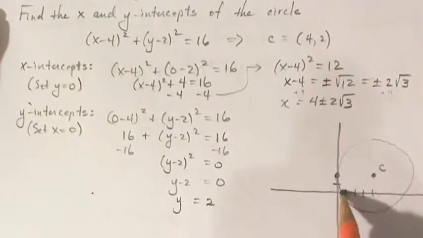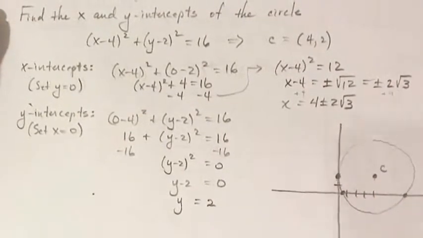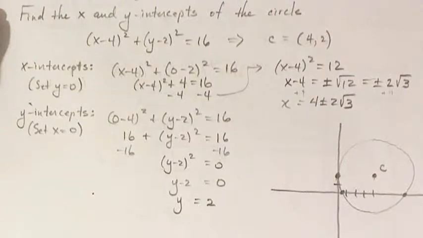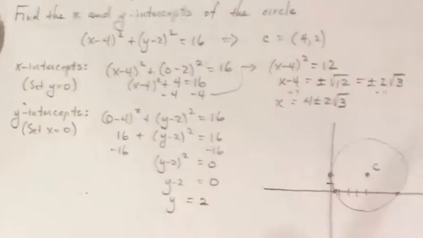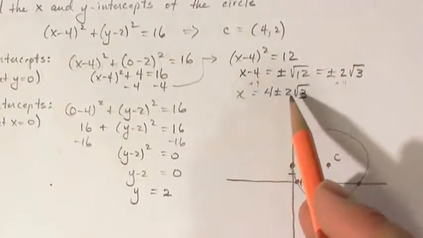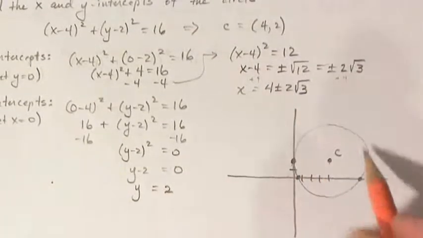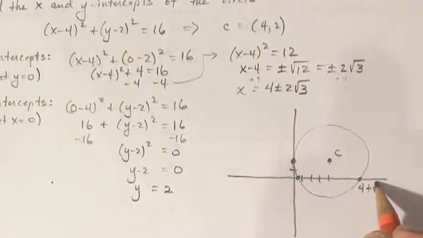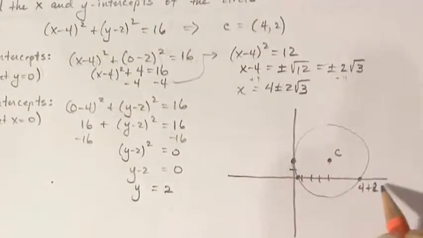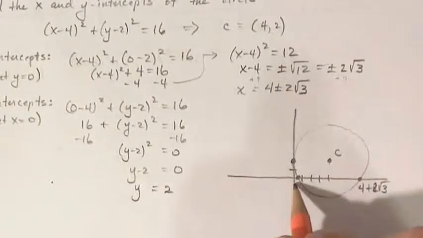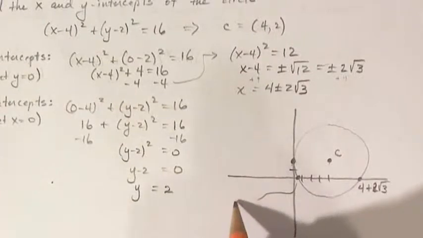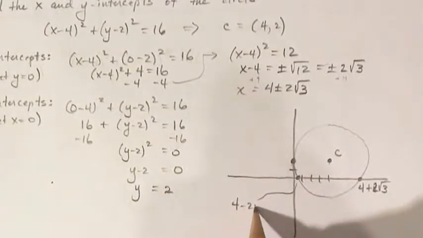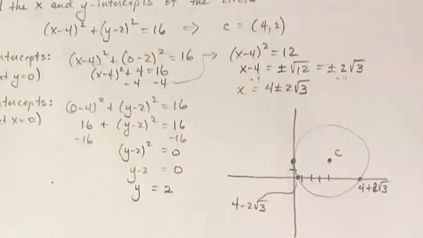And this point right here and this point right here, these must be the x-intercepts. Since 4 plus 2 root 3 is the larger number, this must be 4 plus 2 root 3, and this one must be 4 minus 2 root 3.